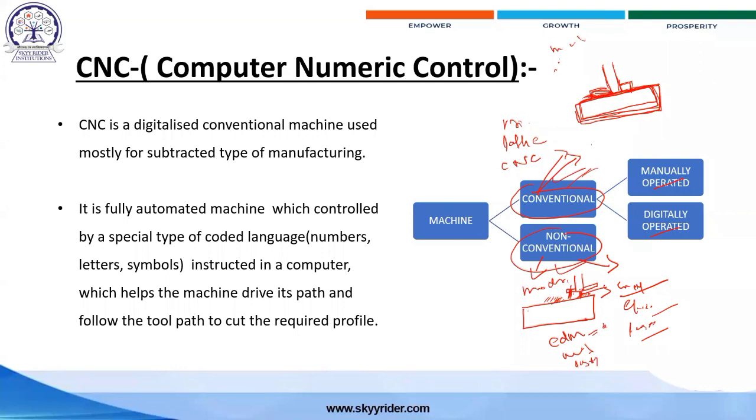It'll be decoding all the values, and it'll be performing whatever commands are given to the computer itself. Means whatever commands are in the computer, on that basis it will start running. Here the operator just has to set all the commands in the computer. But in manually operated, the operator has to handle all the gears and parameters, and all the performances the operator has to perform.